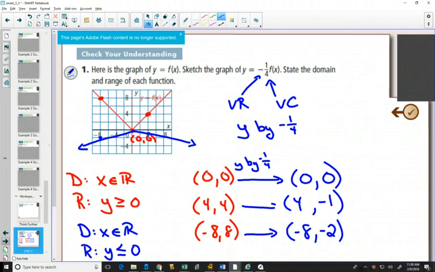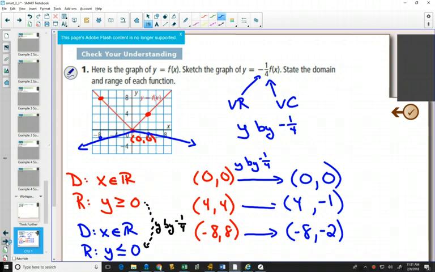Since your domain and range are x values and y values, whatever transformation you did affects them as well. So if I took this range and I multiplied my y by -1/4, does this make sense that instead of being bigger than or equal to 0, when you would multiply by a -1/4, it would be less than or equal to 0? The 1/4 doesn't matter because 0 times 1/4 is still 0, but the negative flips it down.